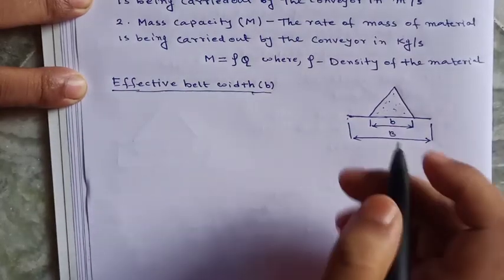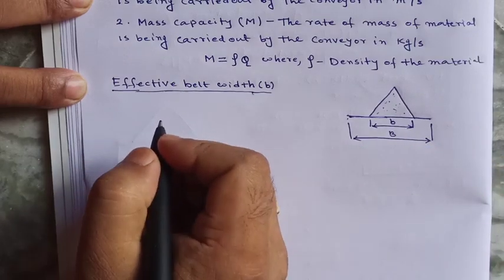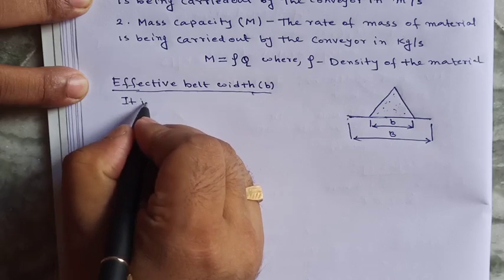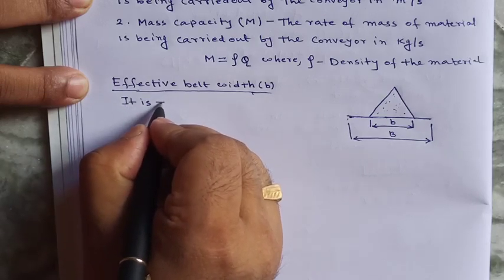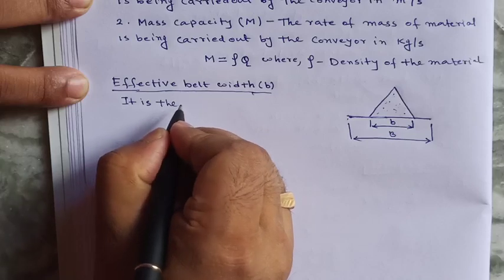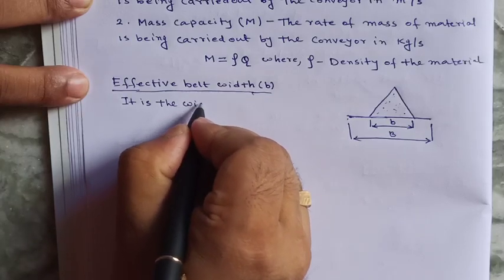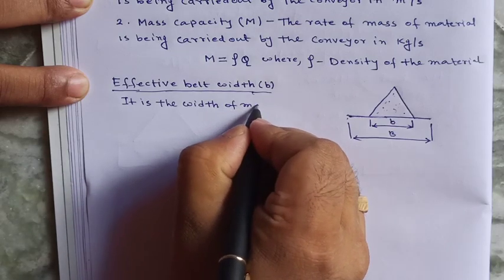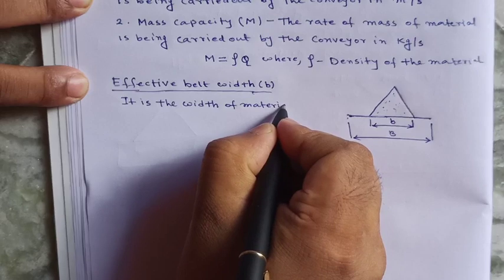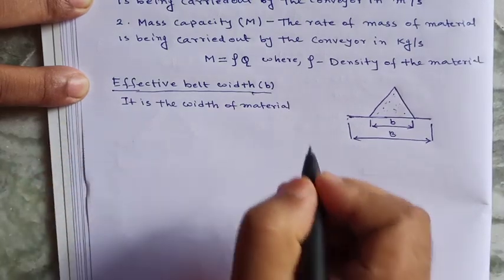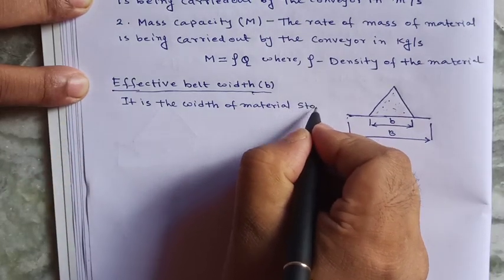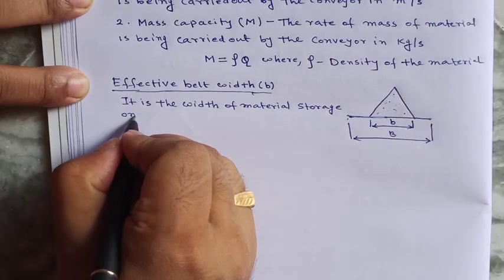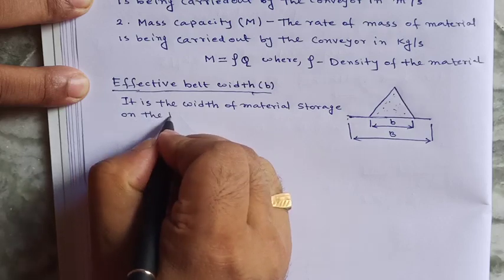Okay. Now what is effective belt width? It is the width of material storage on the belt.